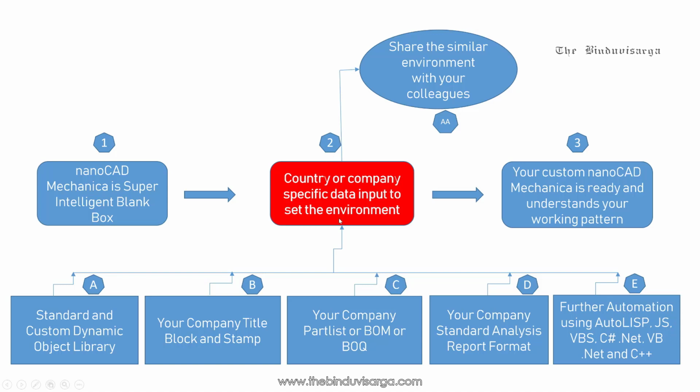Now to set the country or company specific data into the nanoCAD Mechanica environment, in a broad sense, you need to set some standard and custom dynamic objects libraries. Obviously, we have more than 3,000 standard parts built into nanoCAD Mechanica.